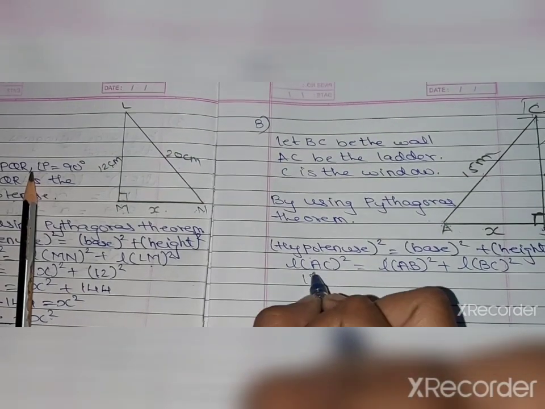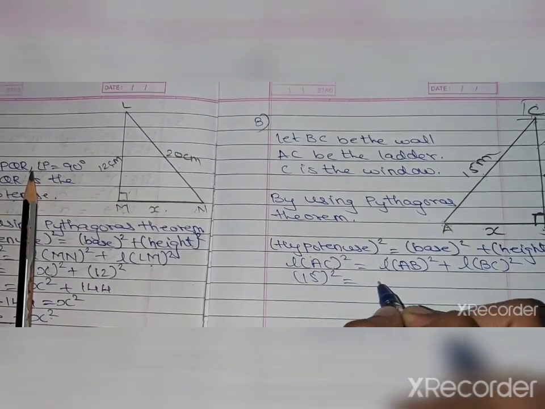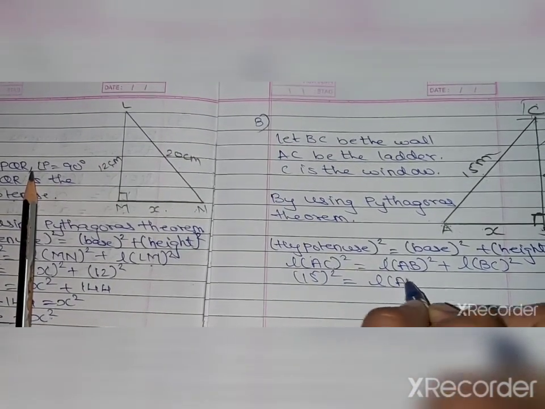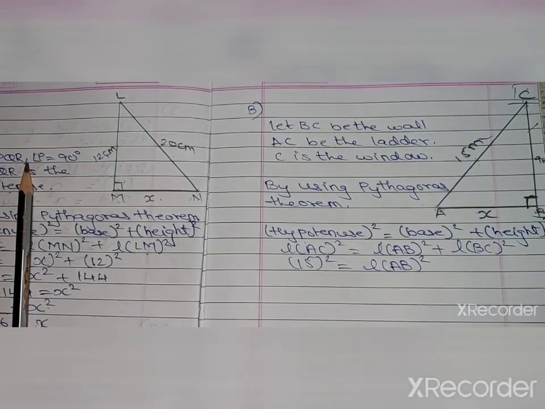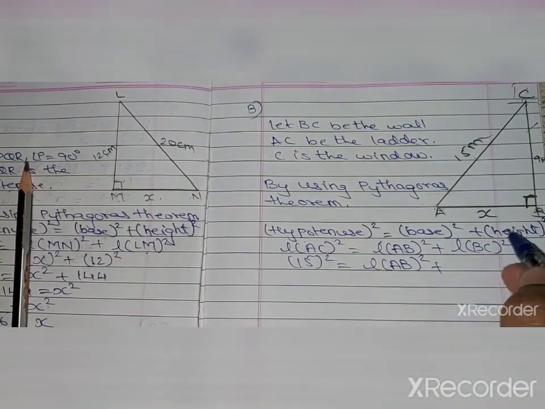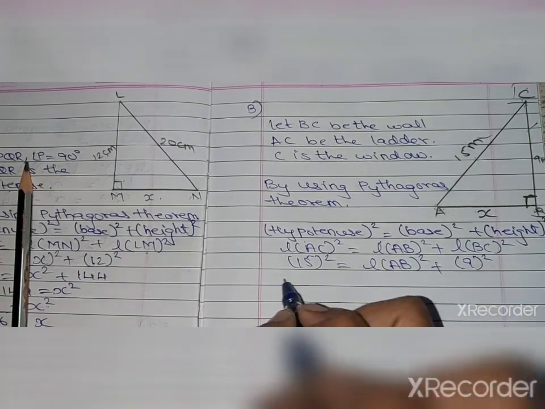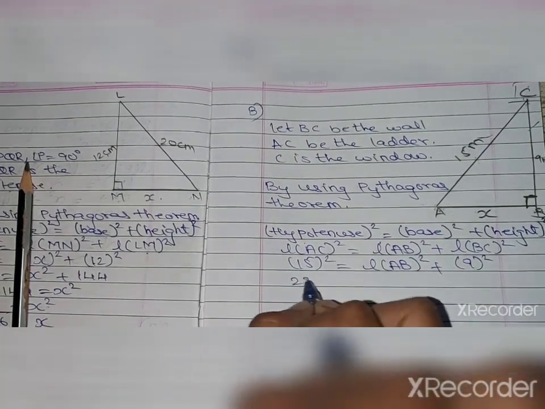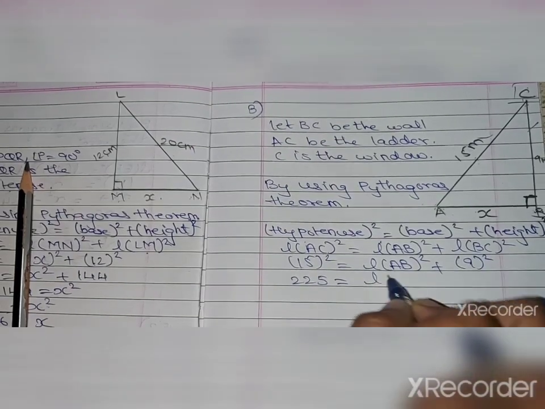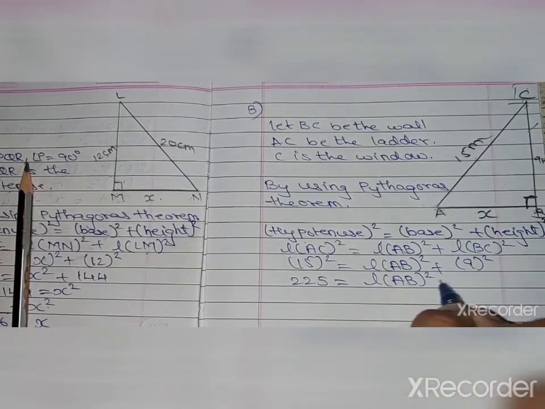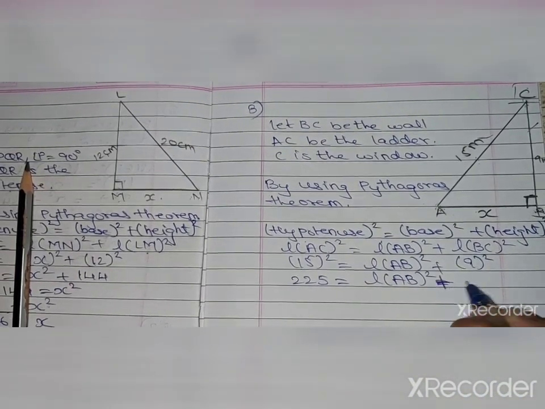AC is how much? 15 square. AB we don't know, so length AB will write as it is, or you can write x square also, plus BC. BC is how much? 9 square. 15 square will give you 225 equal to length AB square plus 9 9s are 81.